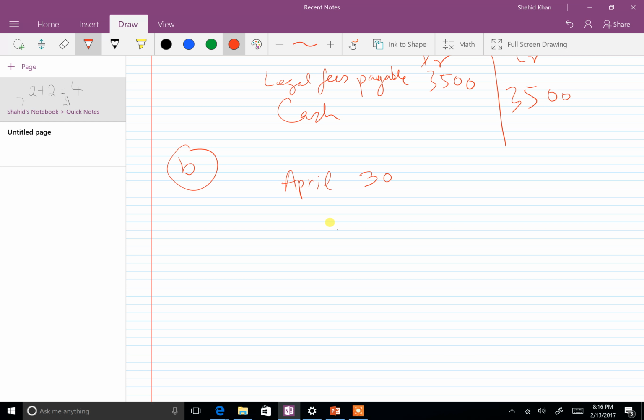So guess what? That means you're going to be booking something called an interest expense. Okay, my handwriting is getting bad, I'll try to fix it. Interest expense, you're going to be booking that interest expense for $3,000, right?